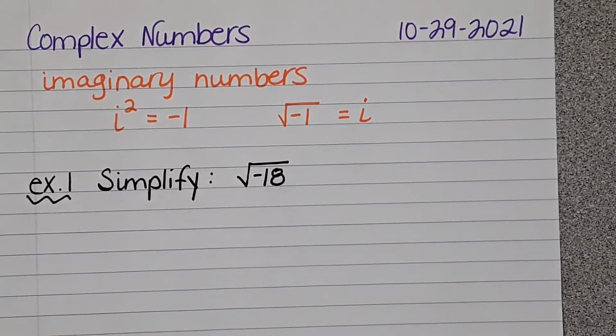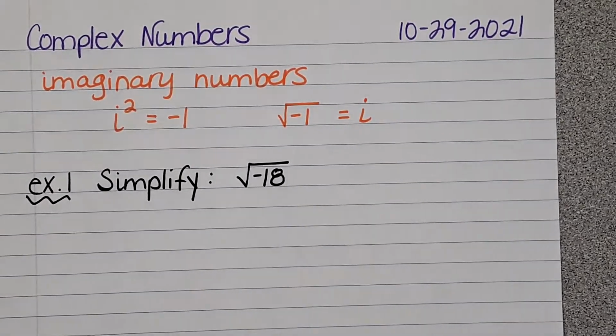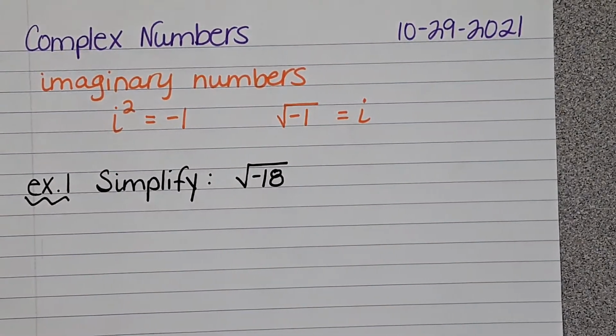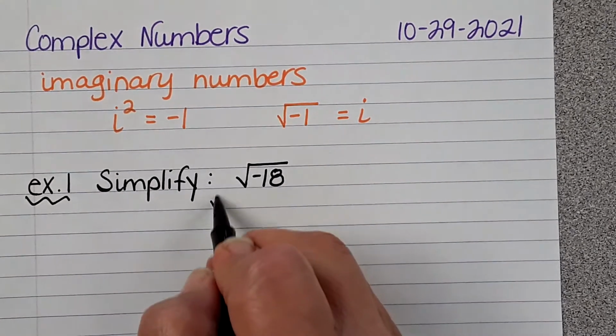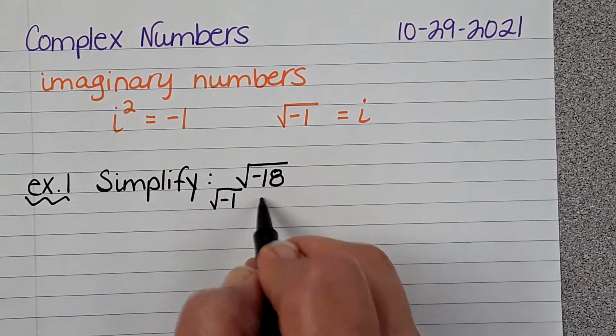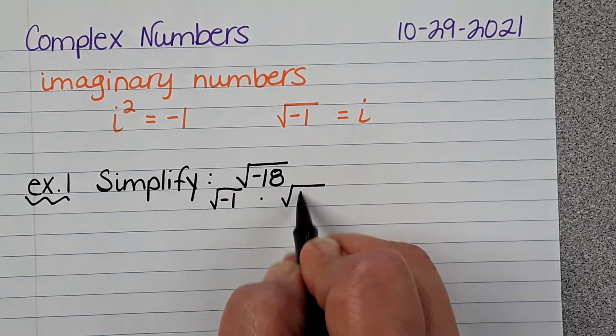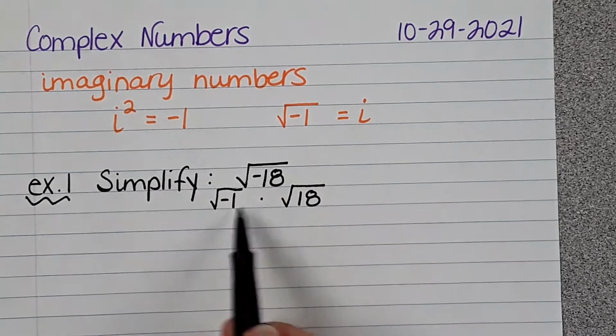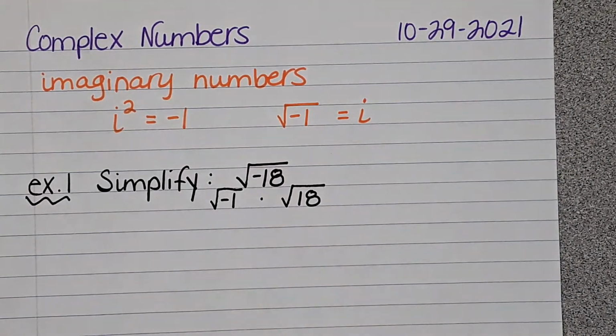So when you have the square root of -18, we're going to break it up into 2 square roots: the square root of -1 times the square root of 18. So -1 times 18 equals -18. Anytime you see a negative, you're going to break it up into a square root of -1. That's the first thing.